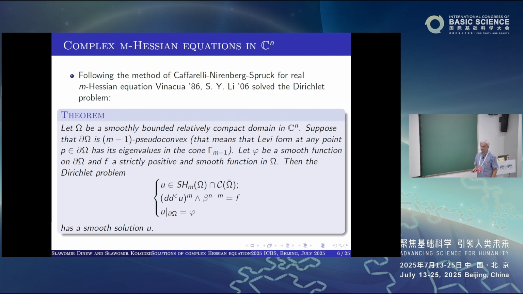Then we impose the Dirichlet data, so the boundary condition phi and a strictly positive function on the right-hand side, also smooth. And then they solve this Dirichlet problem following more or less the method of Caffarelli-Nirenberg-Spruck. It's not much different from the proof for the real case.